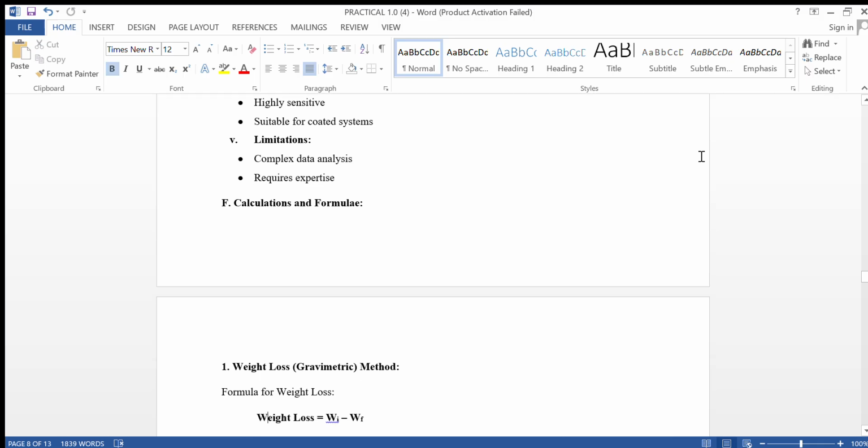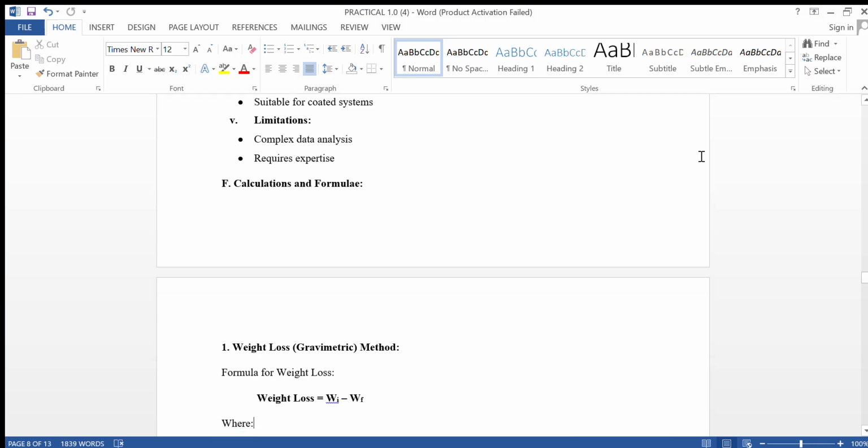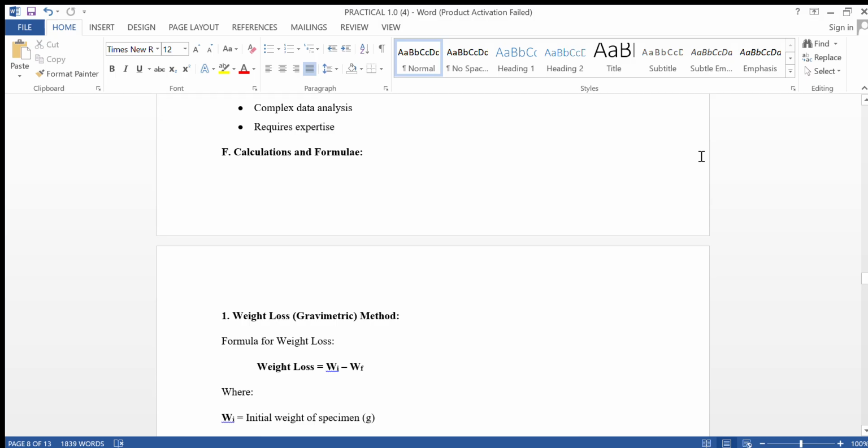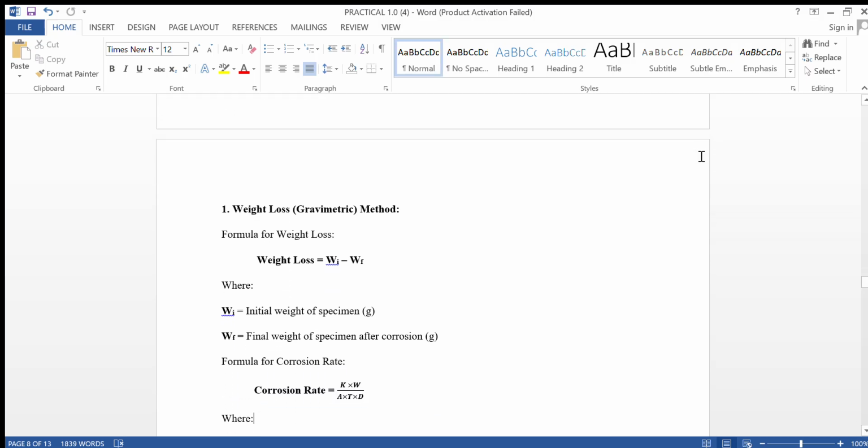Calculations and formulas. First technique is the weight loss method, and its formula is weight loss equals W_i, the initial mass, minus W_f, the final mass, where W_i is the initial weight of the specimen and W_f is the final weight of the specimen after corrosion.